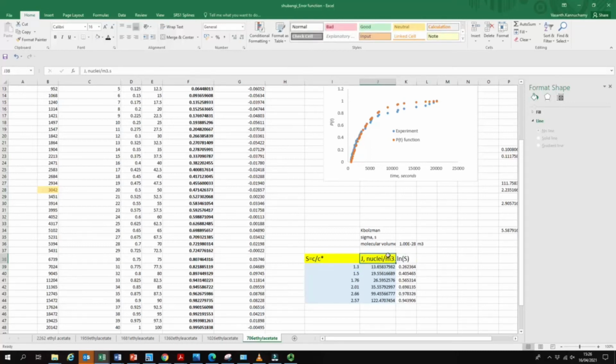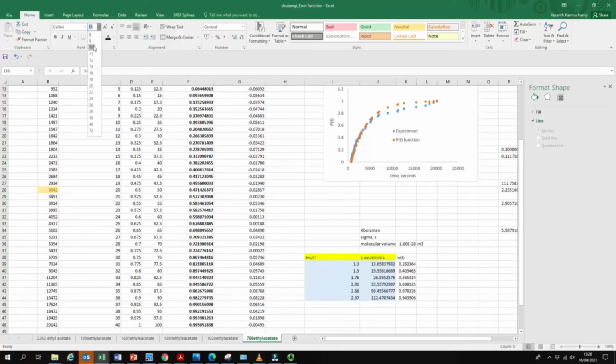And then maybe let me put it to small number so you can see the units clearly. So J, the unit is nuclei per meter cube per second, and what we are going to do is apply the classical nucleation theory. From there, we have our supersaturation and we have the nucleation rate.